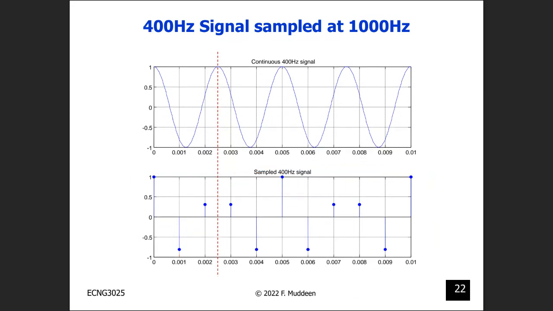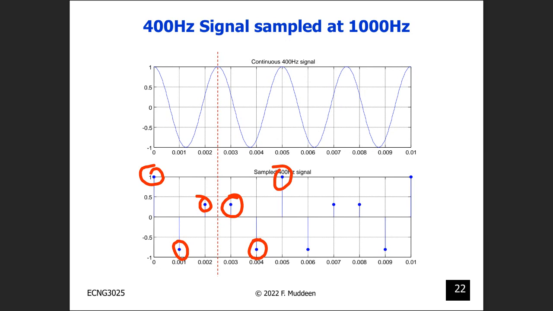Here is a 400 hertz signal now, and I'm sampling it at 1,000 hertz. Now notice this one is a little bit odd because in the period here, I'm getting 3 values. Then the period ends. Look at the next value. When I sample it again, I get 3 values here.